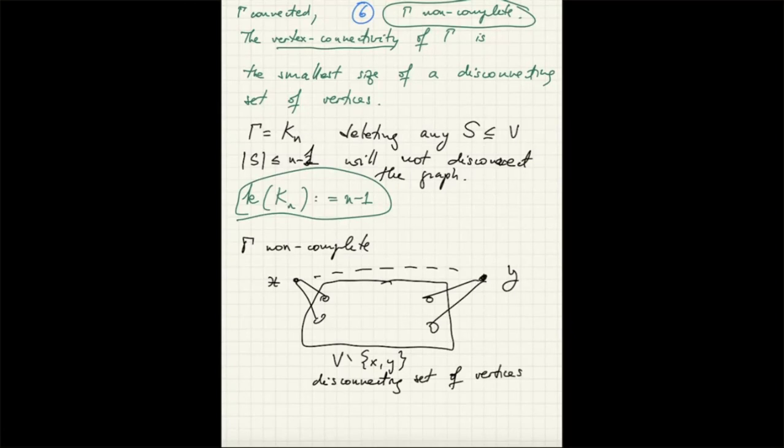So in that case, the vertex connectivity, denoted kappa of gamma, is at most n minus 2. And clearly, if the graph is connected, you need to delete at least one vertex to disconnect it, so it's greater than or equal to 1.